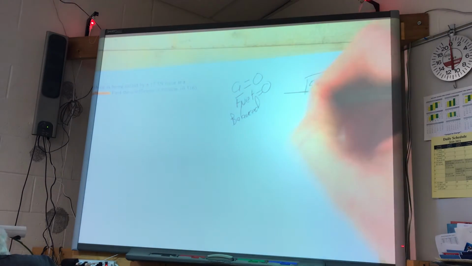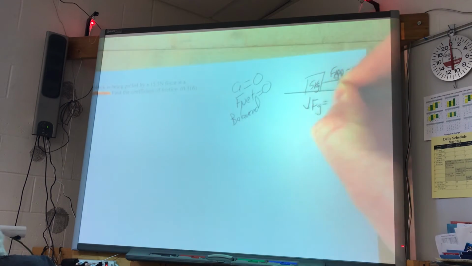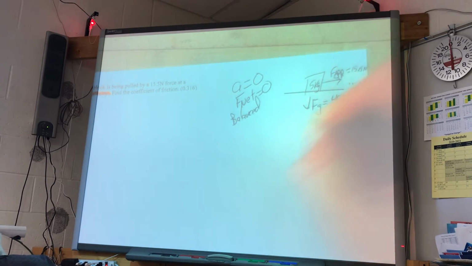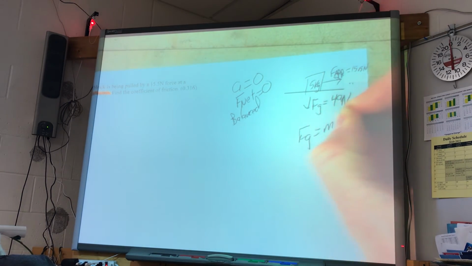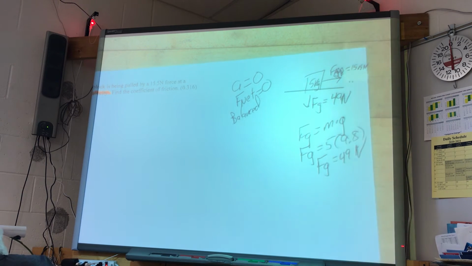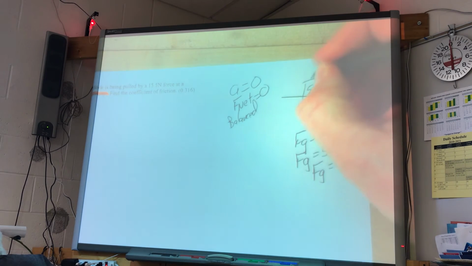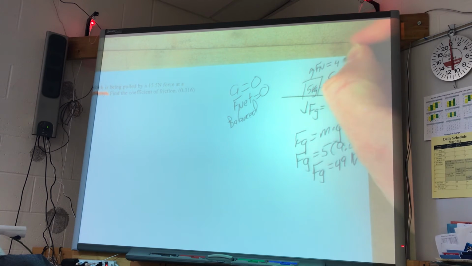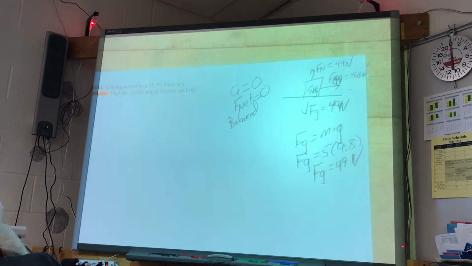Gravity. And that value is 49, because m times g is F of g. We take 5 times 9.8, 49 newtons. Okay, what else? Normal force. What's true about my normal force and gravitational force? The same. They're the same because my forces in the y direction are balanced, therefore my normal force is also going to be 49. What else?